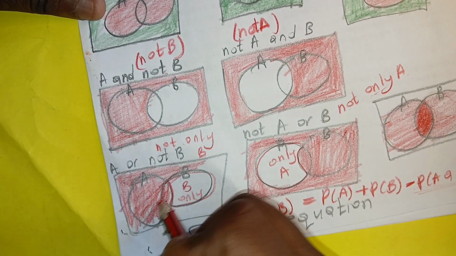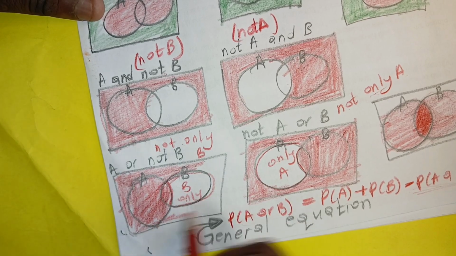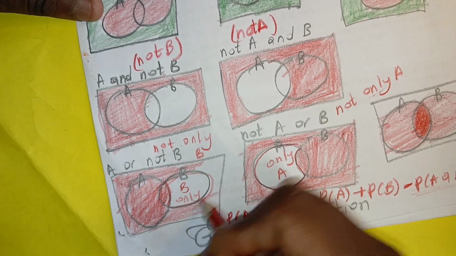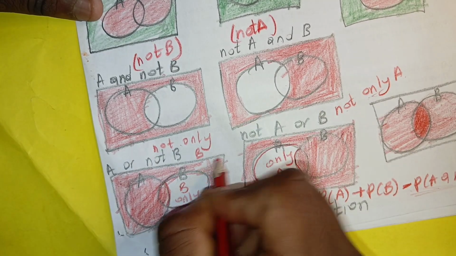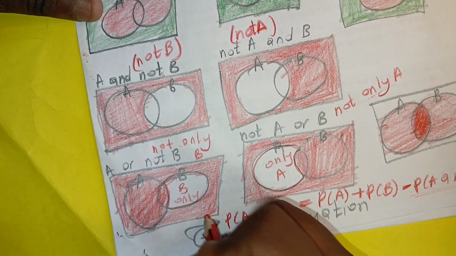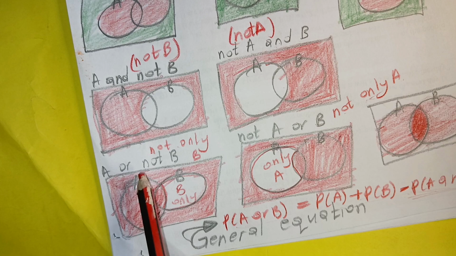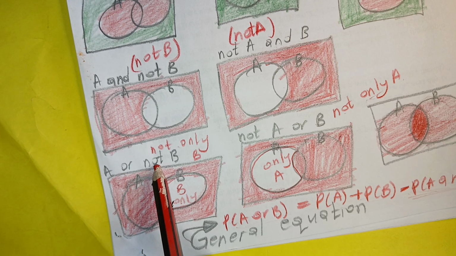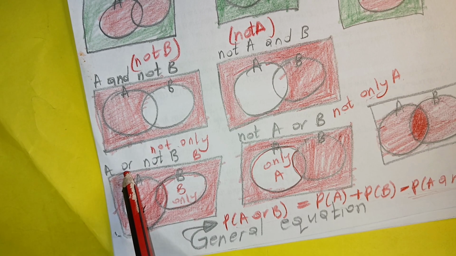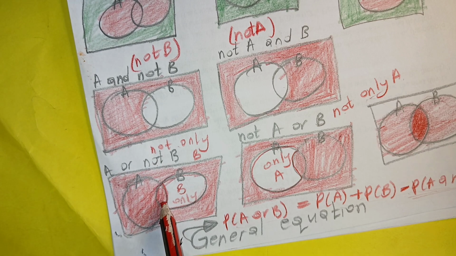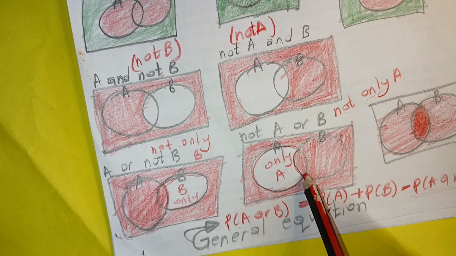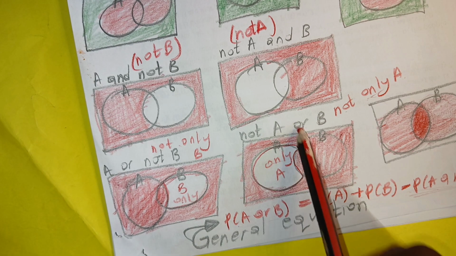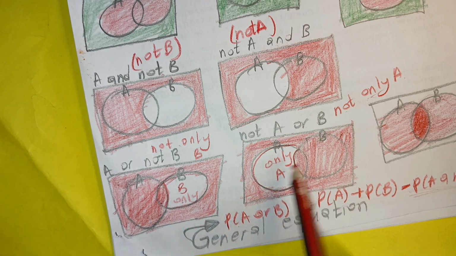As you can see, the way I shaded the intersection, but I didn't shade B only. Do you see? So if it's not or, you include the intersection. Not or, we include the intersection, is the way you can see.